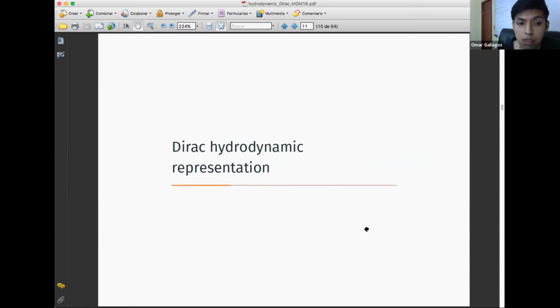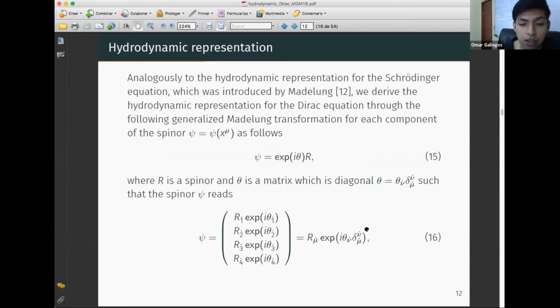We introduce the hydrodynamic representation for Dirac fermions. This hydrodynamic representation is given by the generalized Madelung transformation, because the Madelung transformation was introduced in quantum mechanics to give the hydrodynamic representation of the Schrödinger equation, and again for the Klein-Gordon equation. We introduce this generalized Madelung transformation in our spinor like this. Each component of the spinor has this form.